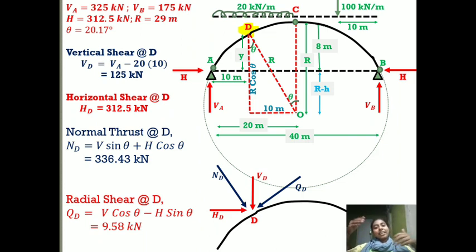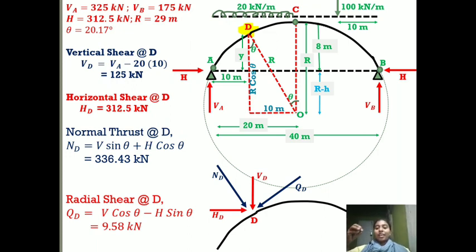If D is lying in the right half of the arch, that is, in the portion CB, it is better to take the right of D to make our calculations easier and simpler. That's all. You can take either left or right.